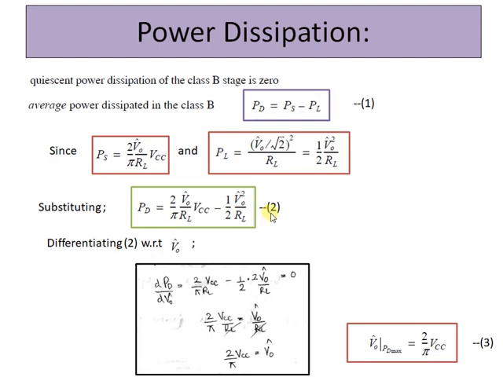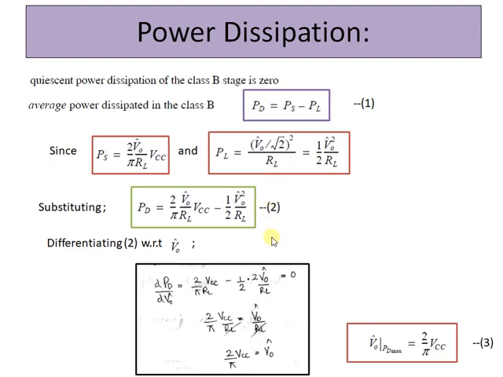Now from the symmetry, half of PD is dissipated in QN, that is transistor QN, and the other half is dissipated in transistor QP. So both the transistors QN and QP must be capable of safely dissipating half of the power dissipation PD.